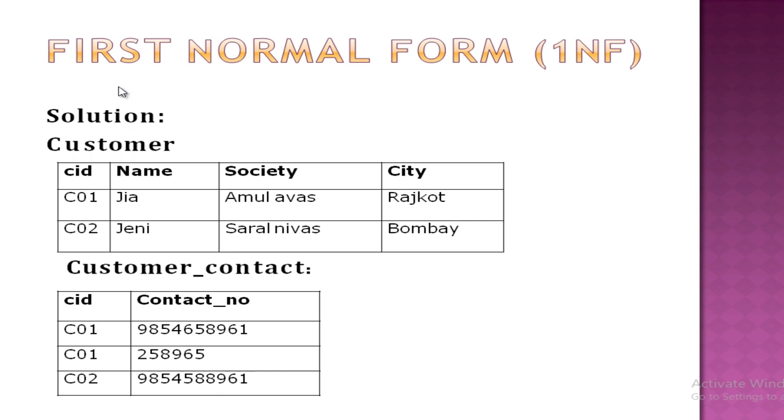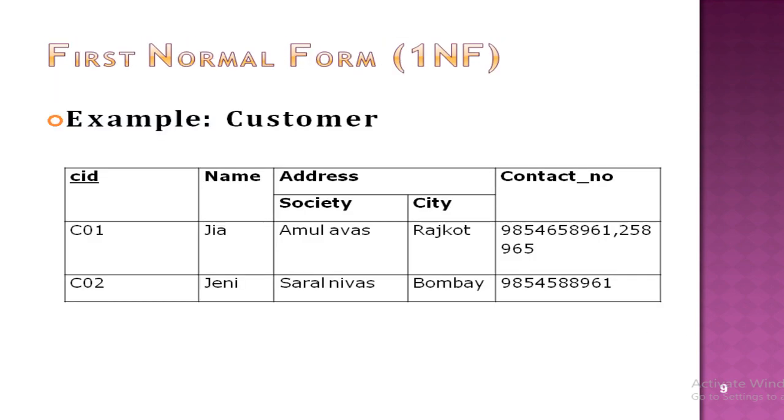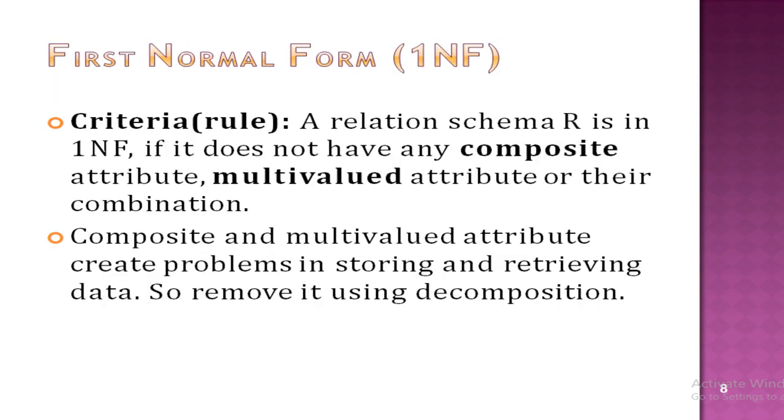So this is about the first normal form. In the first normal form, you have to remember first the criteria. It's a necessary thing: you have to write first the criteria or rule. The relation schema R is in the first normal form if it doesn't have any composite attribute and multi-value attribute or their combination.